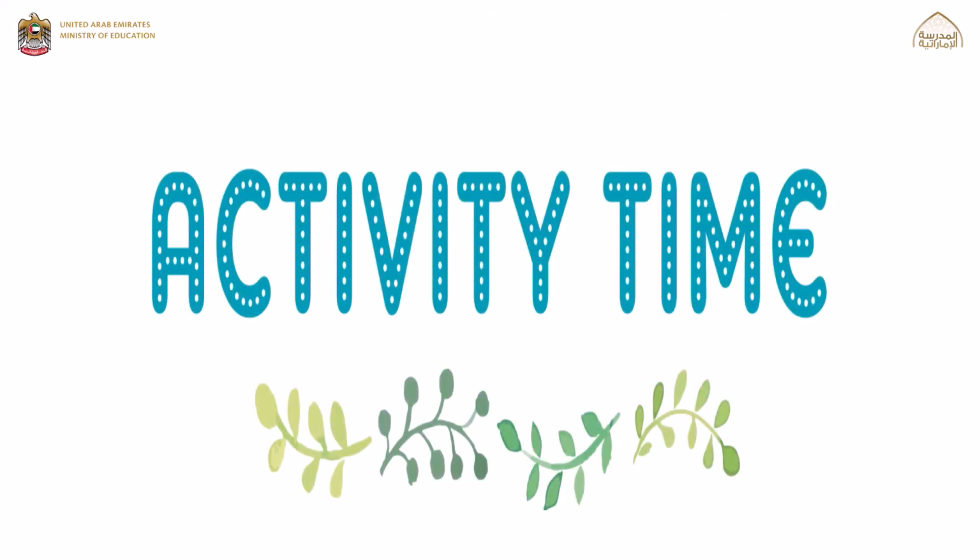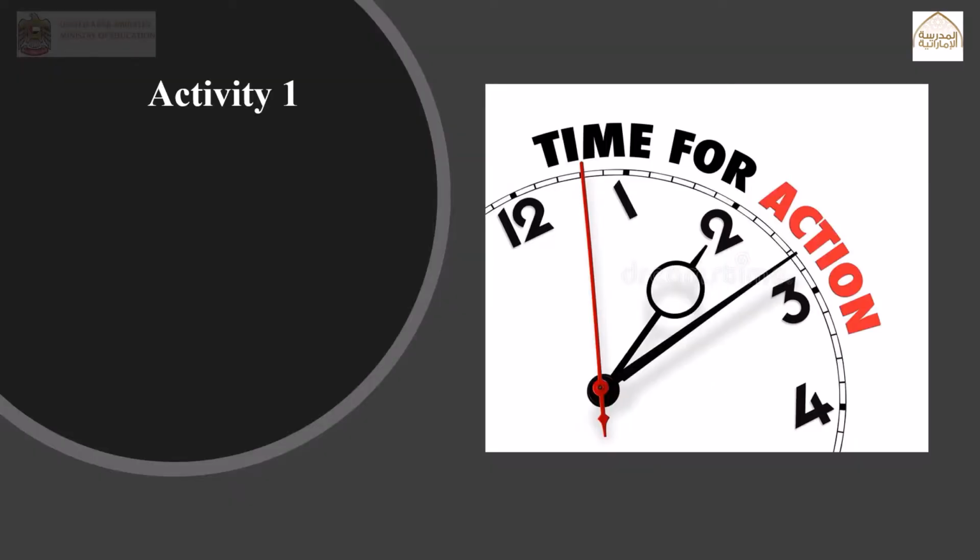Shabab and Binat, boys and girls. Time for a couple of activities. Activity 1. This is an individual activity, and you have 3 minutes to complete the activity. Classify the statements below as true or false.